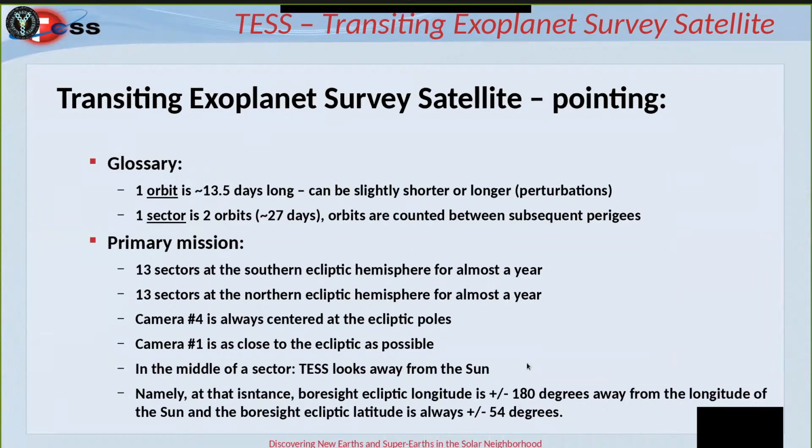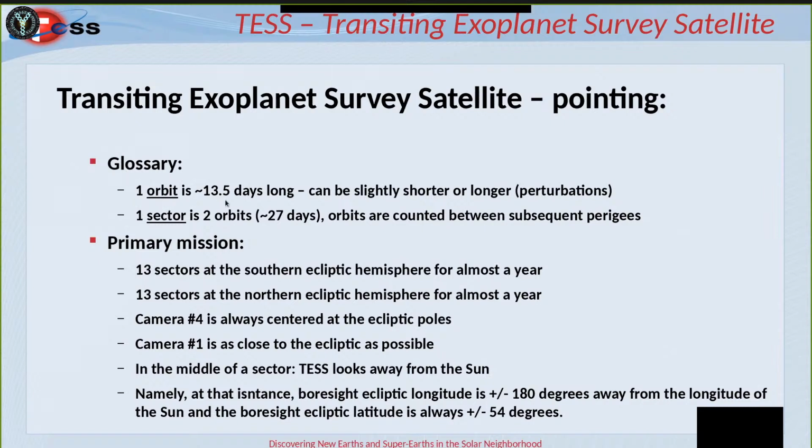If we are talking about TESS, we need to introduce some special terms which are used by the TESS community, and anyone who deals with TESS data will learn sooner or later what these expressions and definitions mean.